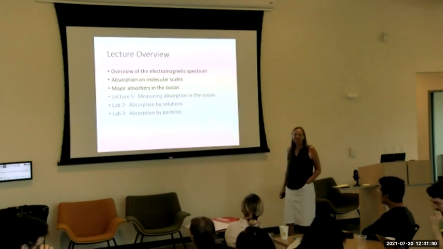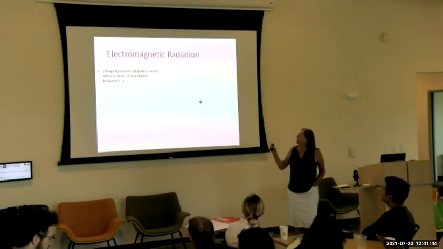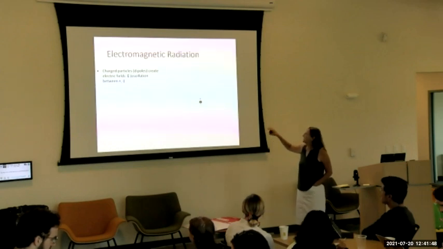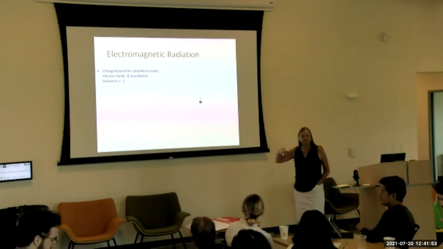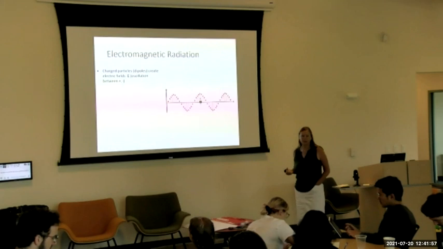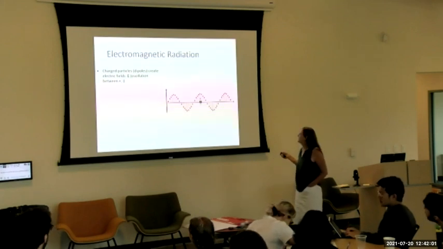Ready for the day? Okay, all right, so I'm going to talk about electromagnetic radiation. Charged particles, these dipoles, create electric fields. That just means that there's an oscillation between the positive and the negative. So we can look at it this way, where you have these oscillating electric fields.